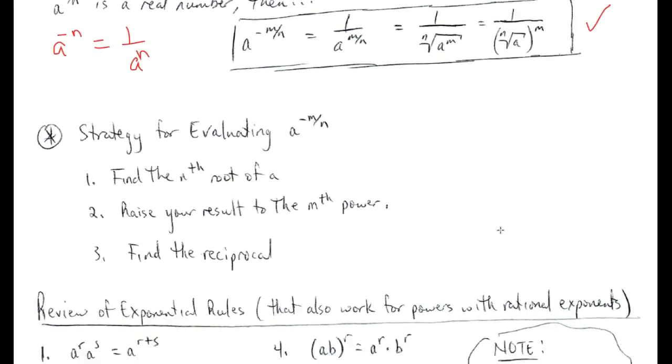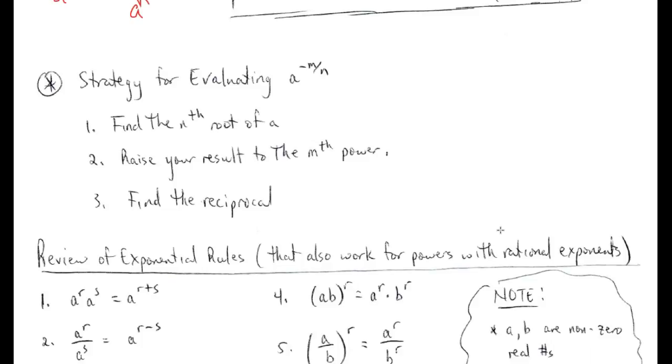Now, the strategy that we use to evaluate an expression like a raised to the negative m divided by n is to find the nth root, raise your result to the mth power, and then find the reciprocal, okay? And so we'll go over some examples of that as we go through this particular document here.